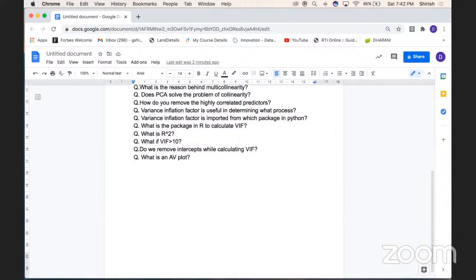Partial regression plots, adjusted variable plot, individual coefficient plot. These are the other names for the AV plot.